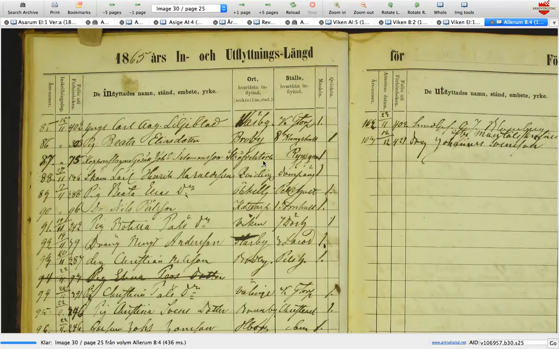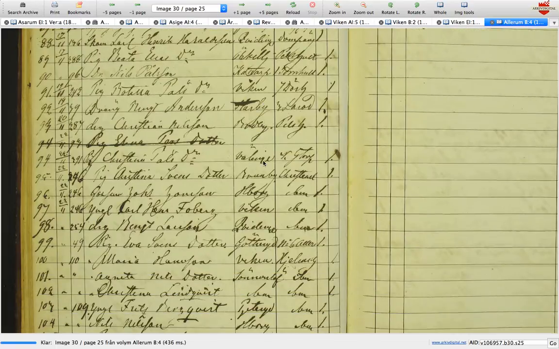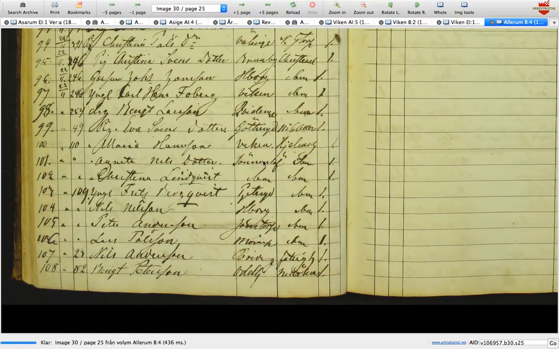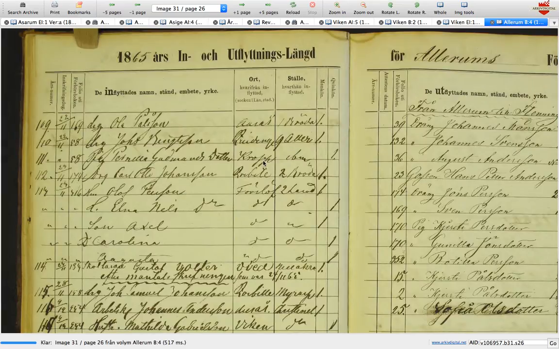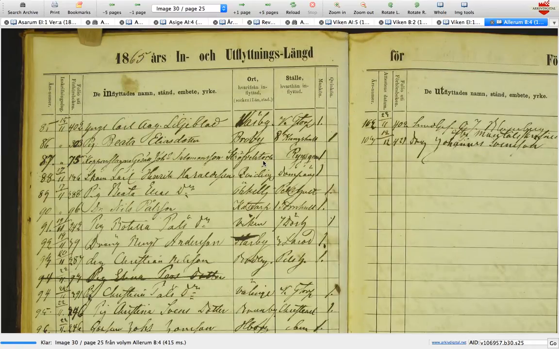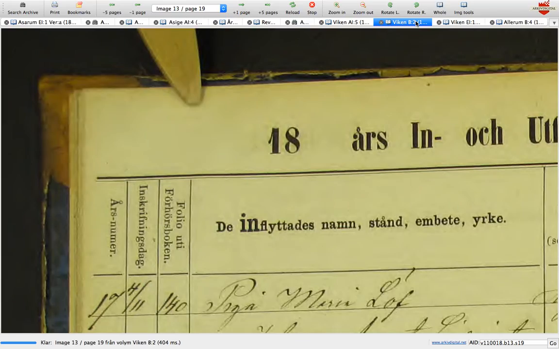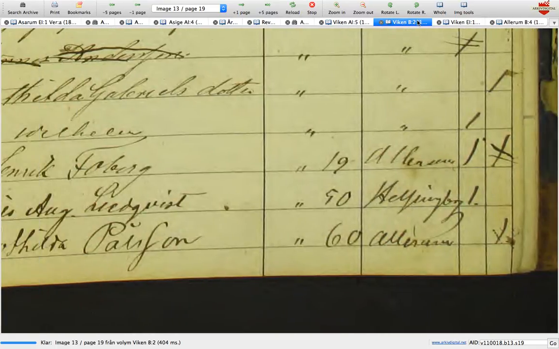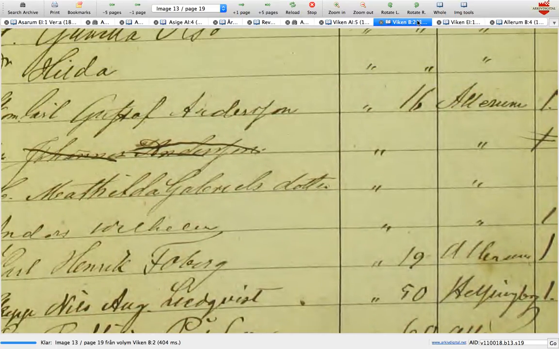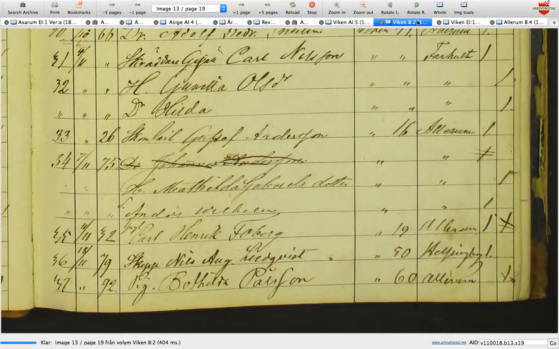Oh, everyone seems to be moving. Seven. Allerum.